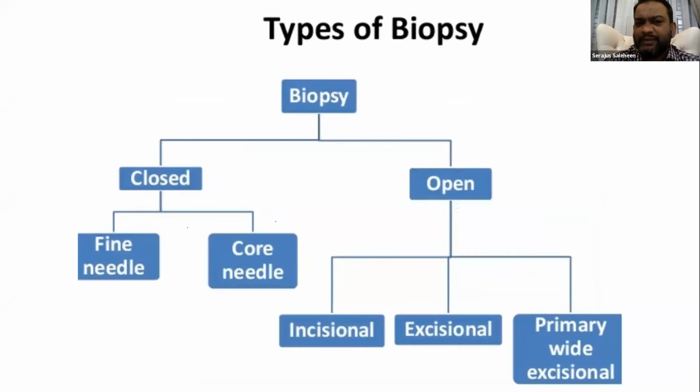What types of biopsy have we done? We have done closed biopsy or open biopsy. Closed biopsy may be done by needle biopsy or core needle biopsy. And in open biopsy, we can do incisional biopsy, sometimes excisional biopsy, sometimes primary wide excisional biopsy.